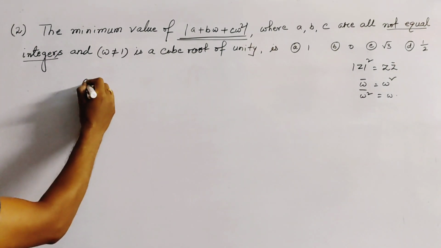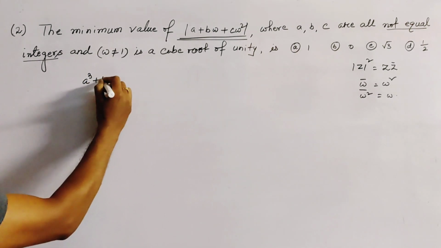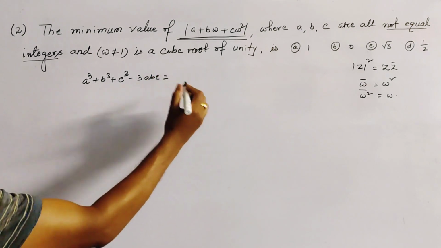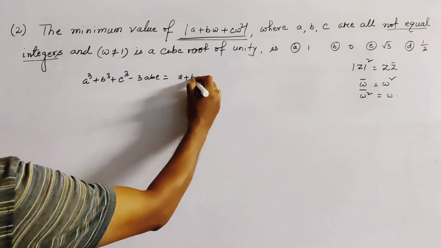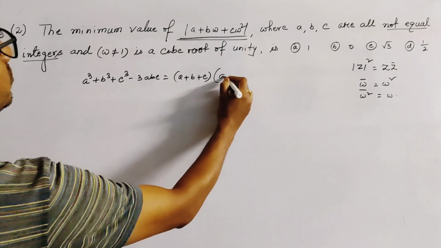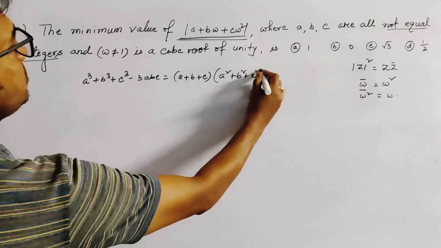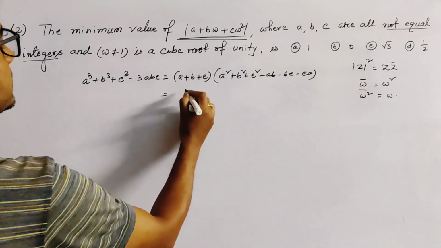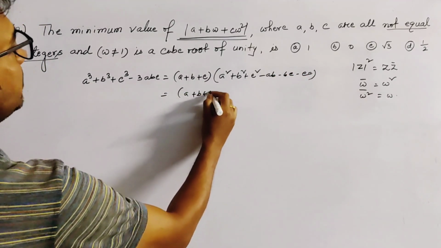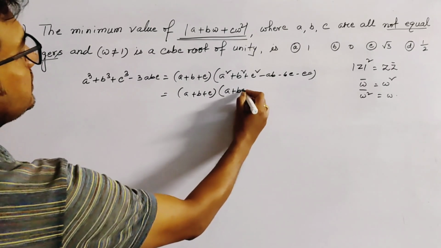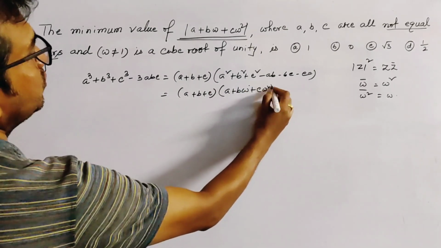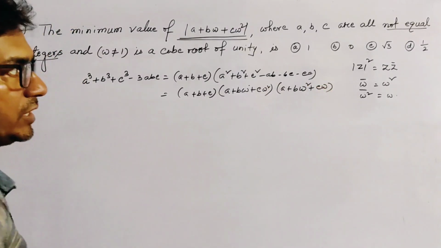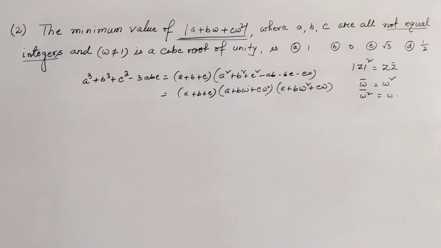This is given by a cube plus b cube plus c cube minus 3abc equals (a plus b plus c) into (a square plus b square plus c square minus ab minus bc minus ca), and this equals (a plus b plus c) into (a plus b omega plus c omega square) into (a plus b omega square plus c omega). We write this factorization.